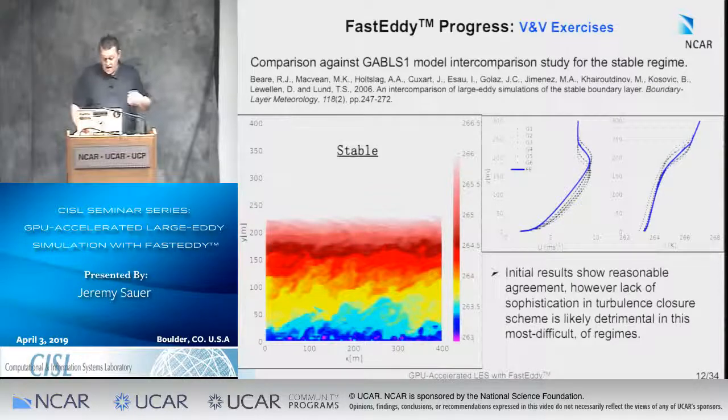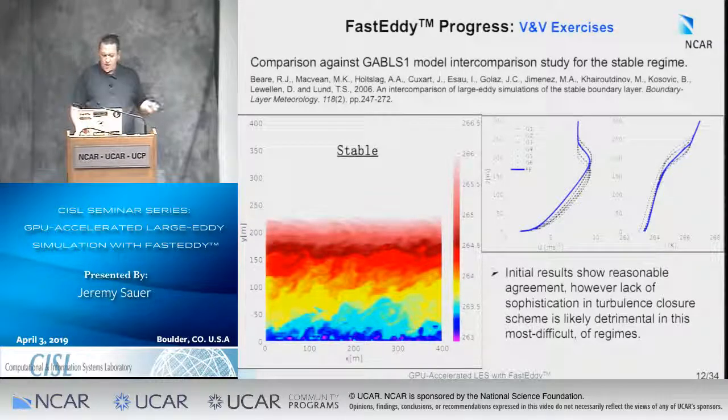So as of now, our initial results show a reasonable agreement with the mean wind speed profile on the left, and potential temperature profile on the right. Ours, FastEddy, is the blue line. The other black lines are six of the models used in the intercomparison back then.